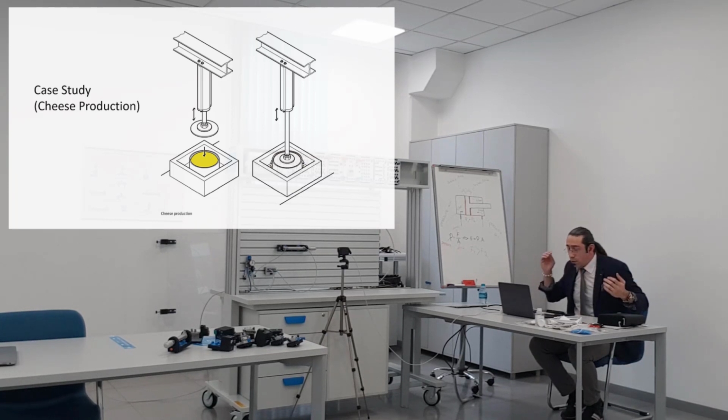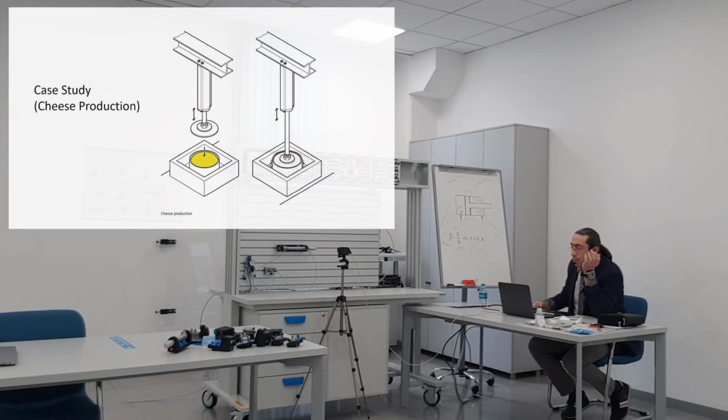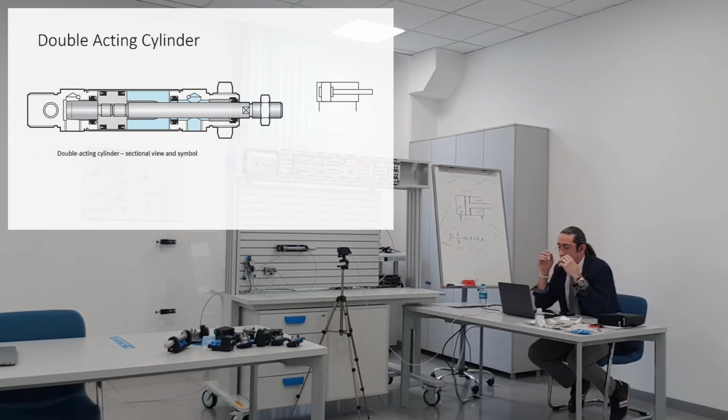So when you try to do this kind of process, you need to use some drives, some actuators, some components like this. This is a double acting cylinder. On the right side you can see the symbol of the cylinder. There are two lines out of the symbol on the right hand side.